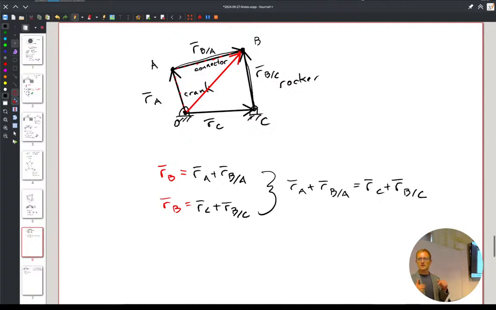So I have a constraint. And if I have a vector constraint, do you know how many constraints that puts on? 3? Oh yeah, because there's also planar.